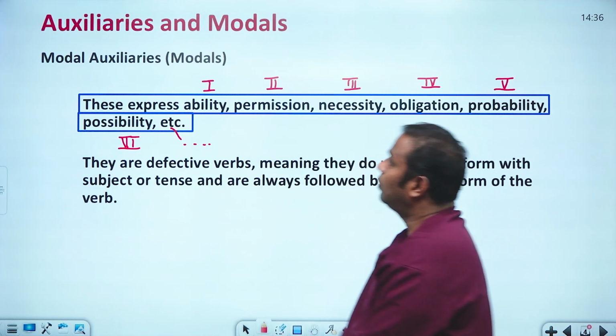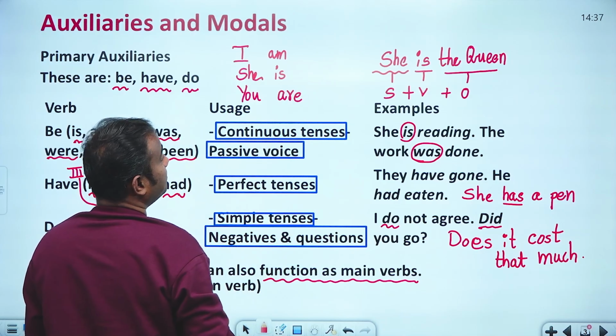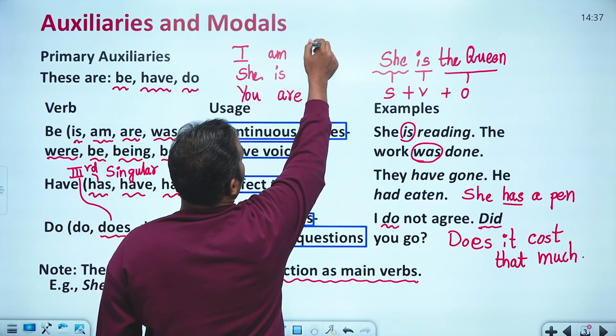For she, I have to use is or was. For you, I have to use are. So I would be using simple present. I am Srikanth. Then you are Mohan.